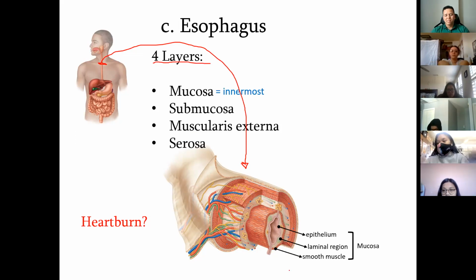Does anybody remember, what is the name of the space right here that the food passes through? What is the space inside of an organ called? I mentioned this several times before.